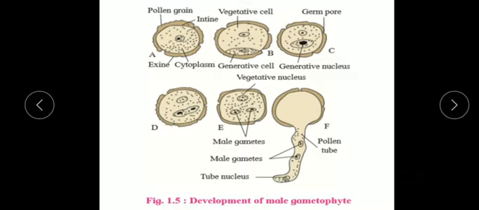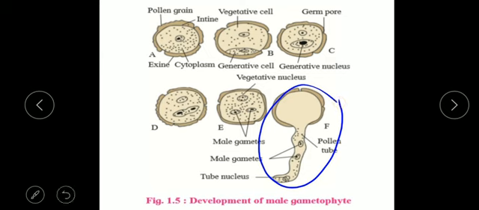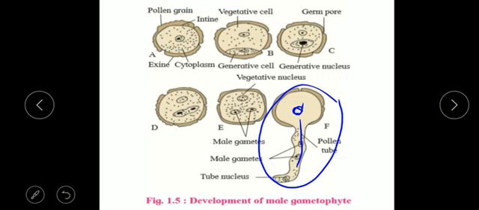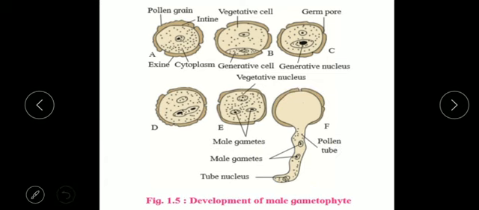Finally, you can see here a pollen tube, or germinated pollen grain. Whatever content is present in the pollen grain is transferred into the pollen tube after germination, and this pollen tube enters the stylar channel of the gynoecium and reaches the ovary for the fertilization process. In such a way the development of male gametes takes place in a pollen grain. That is why we call the pollen grain a male gametophyte.